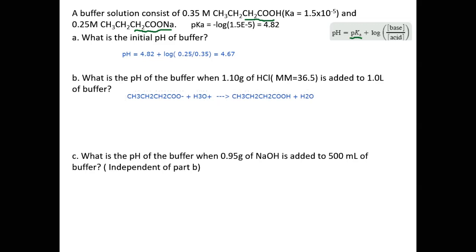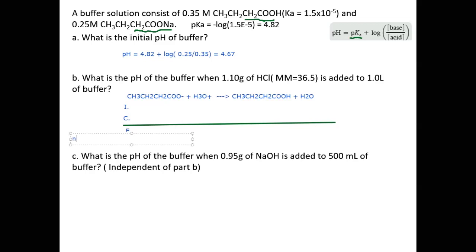So now we're going to use our ICE table. So we have initial, change, equilibrium. And since we're using 1 liter, the moles equal the concentration. So let's first find the moles of HCl.